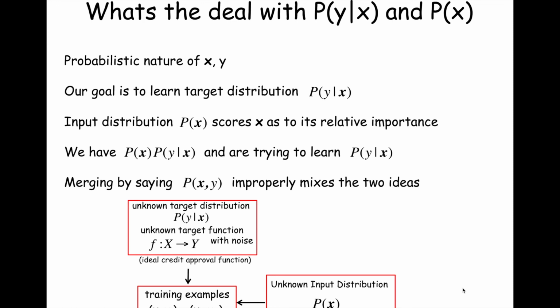What you're really after when you're learning is to learn what this unknown target distribution is, P of Y given X. Okay. Any questions about this? No? Does that make sense?